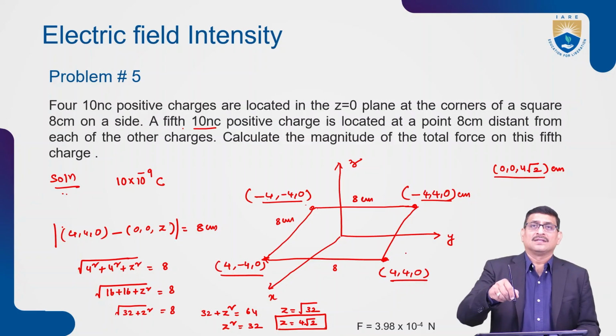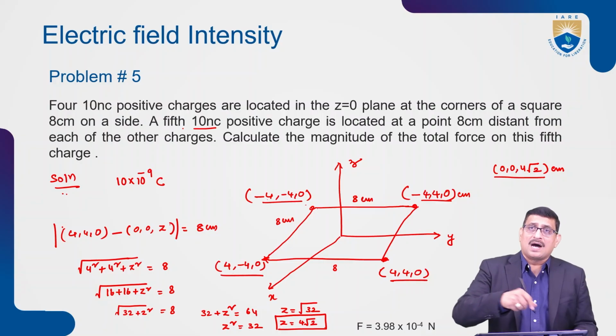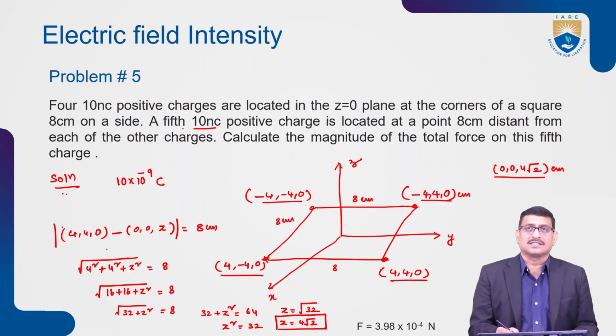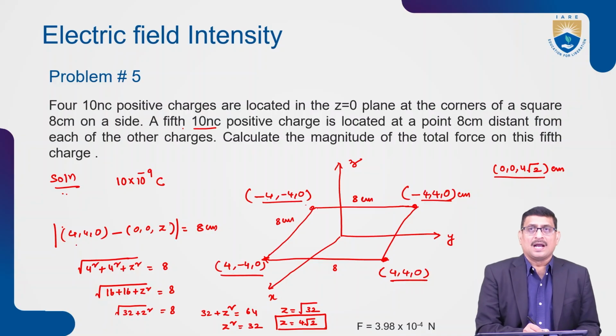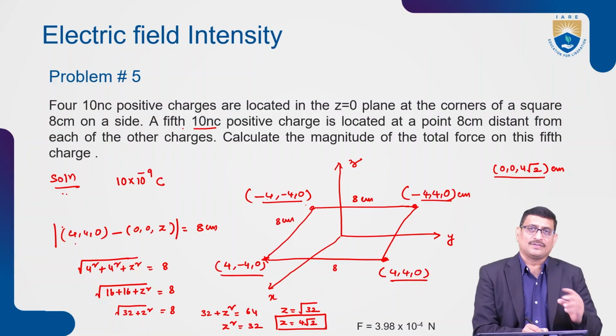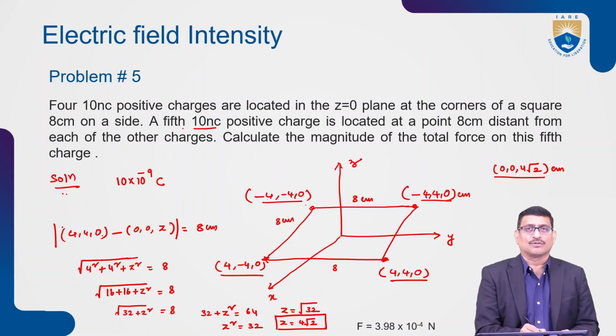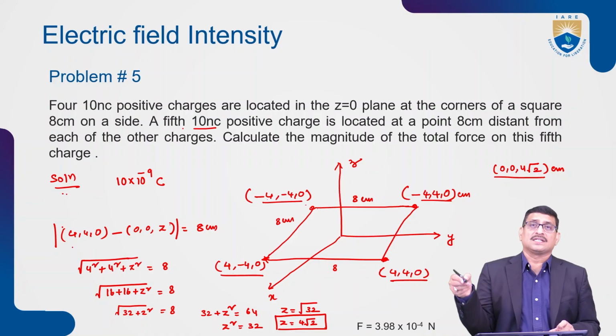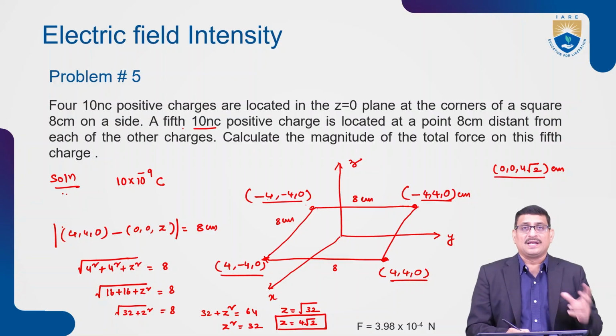And again, the last point, the fifth, is at equal distances from all the points. Equal distance from all the points means I take the xy coordinates as either 4, 4, 0 or 4, -4, 0, so that the fifth point has x and y values of 0 and only a z value.